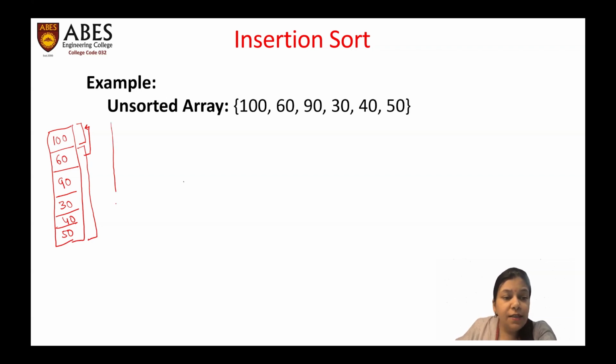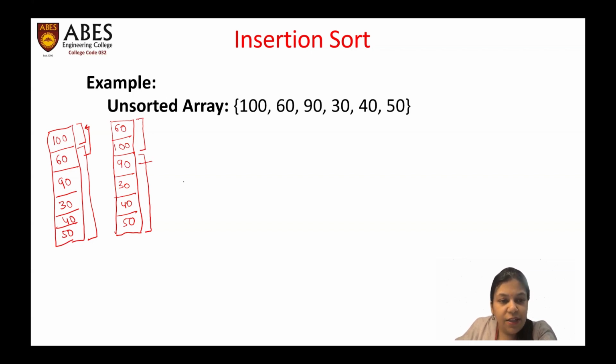So after the first pass, the array will change its state to 60, 100, 90, 30, 40, and 50. So after the first iteration, two elements, 60 and 100, comprise the sorted array. The rest of the elements are part of the unsorted array.